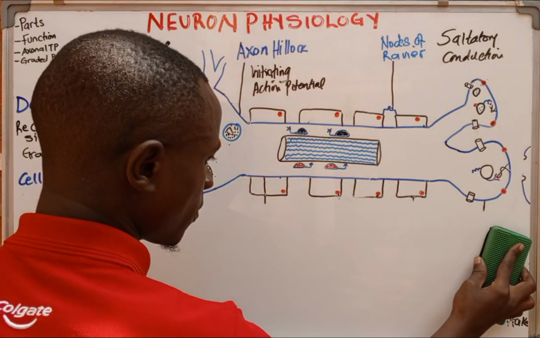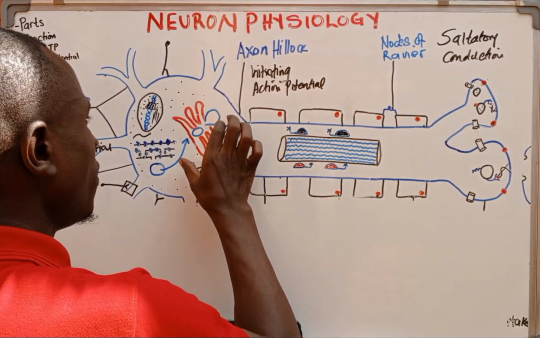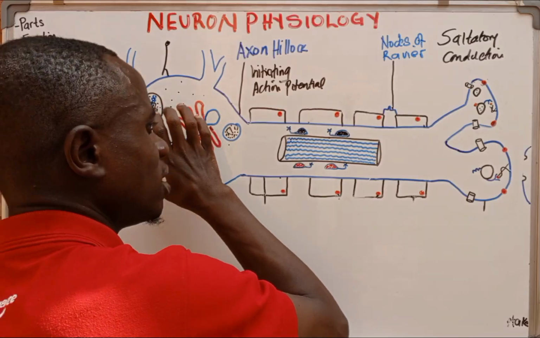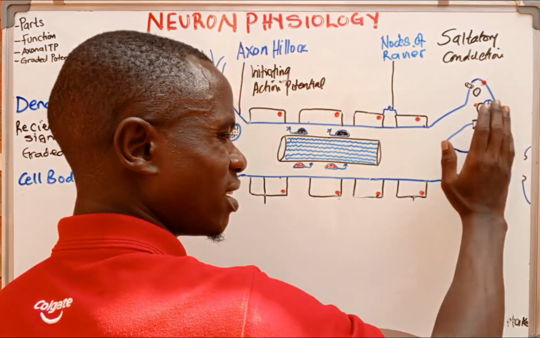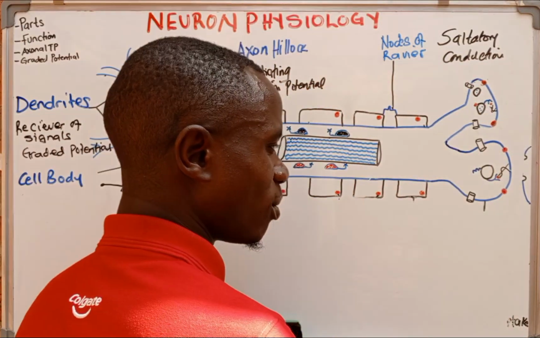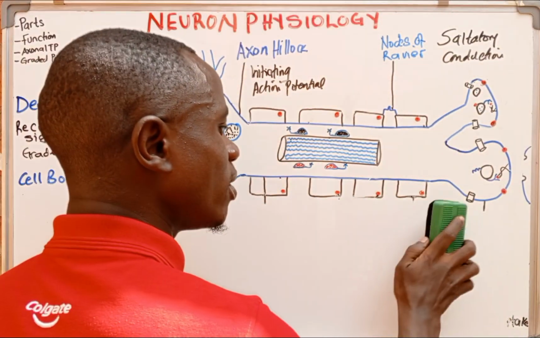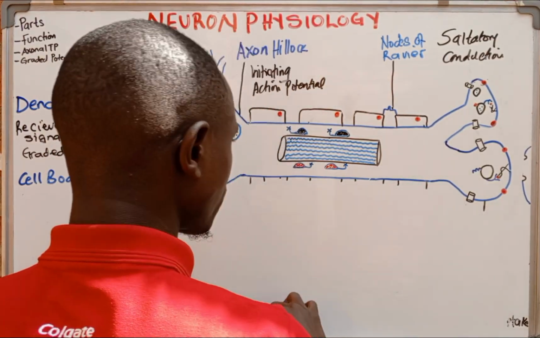Axonal transport is the transport of different substances from the cell body down to the axon terminal. Also, some substances need to move from the axon terminal back into the cell body. So we want to see how that is going to happen within this axon.